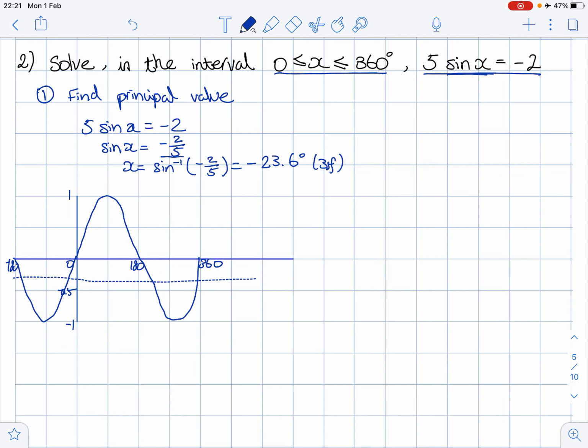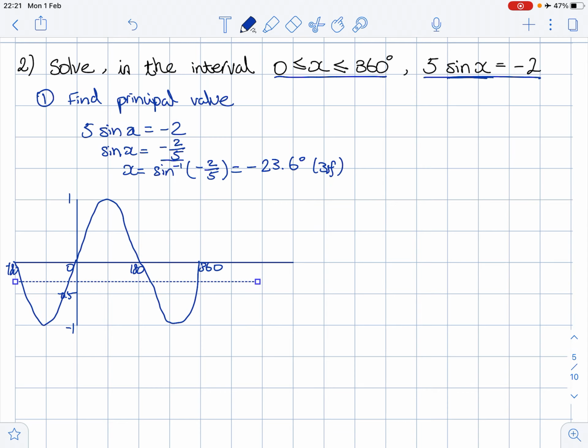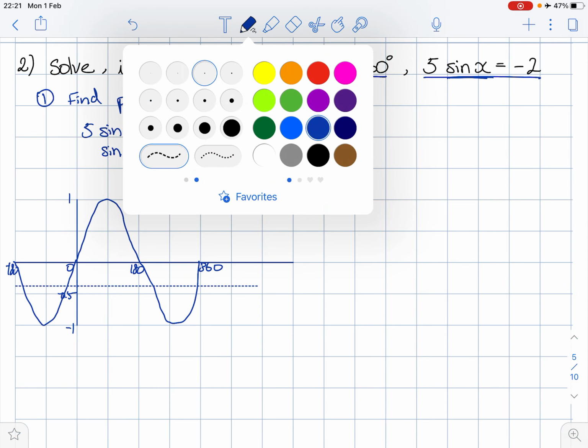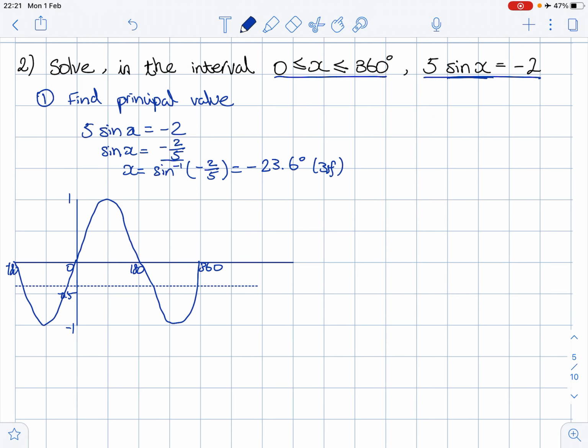I'm just going to draw a line here. So this point here is going to be my minus 23.6.